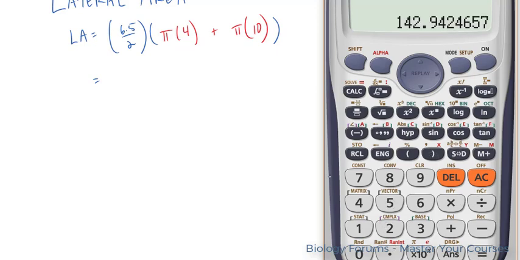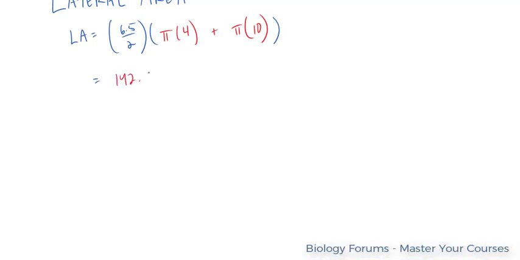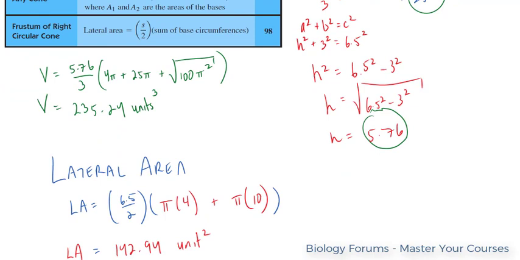That is equal to 142.94. And that is units squared because it's your lateral area. So we found our lateral area. We found the area of the sleeve.